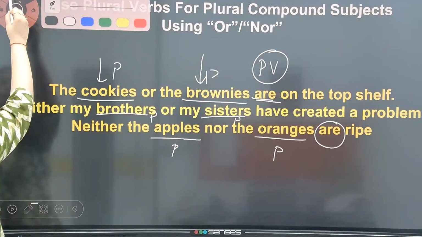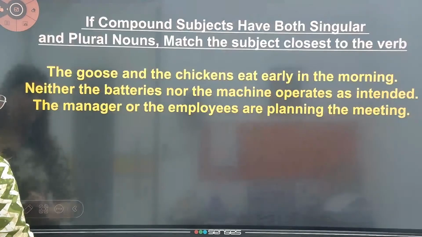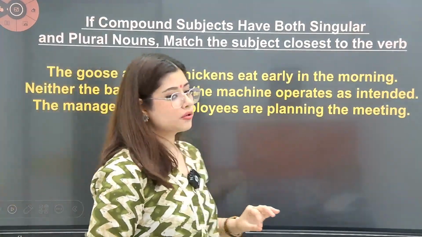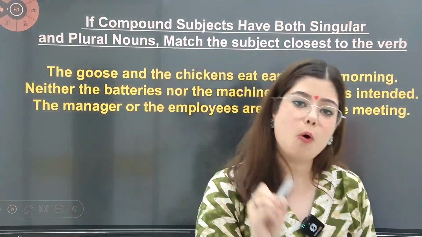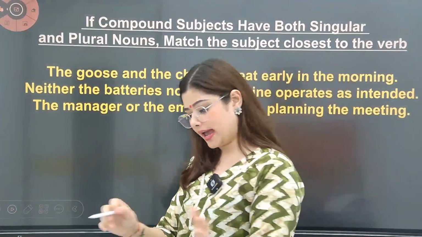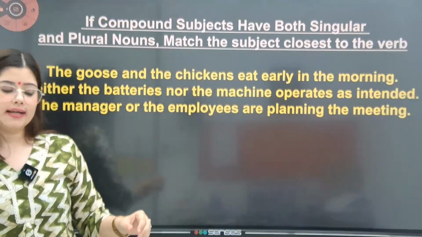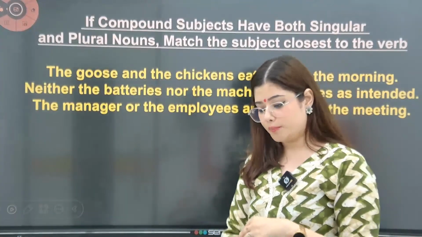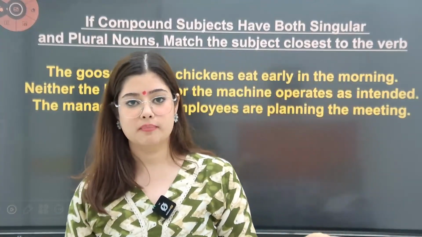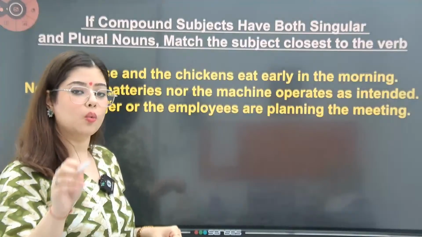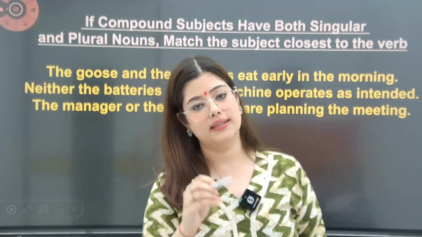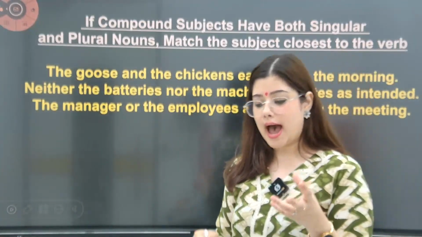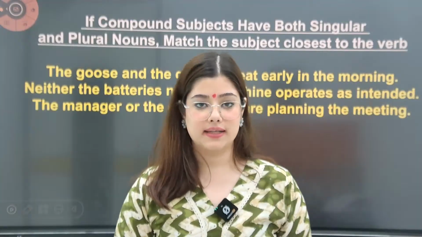Now, if we talk about a sentence that has both singular and plural subjects, till now we were just talking about both the subjects being singular or both the subjects being plural. But now we're talking about one subject being singular and the other being plural. How do we decide the verb form in that case?